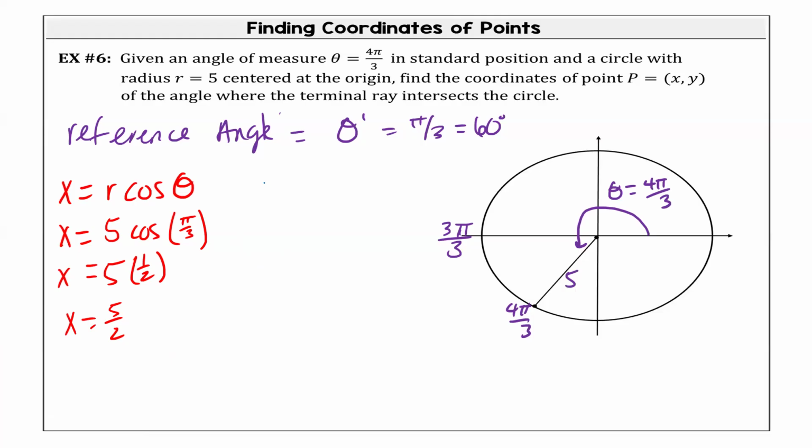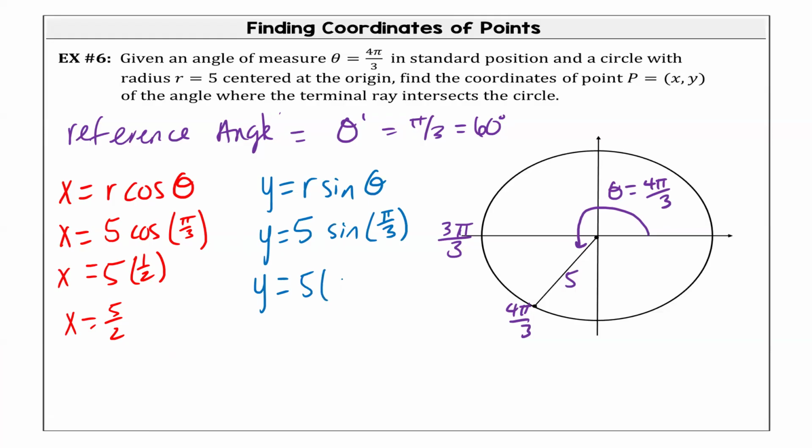Now we got to do y. So y equals r sine theta. So r is 5, sine, and again, we're using pi over 3. So y equals 5. And what is the sine of pi over 3?